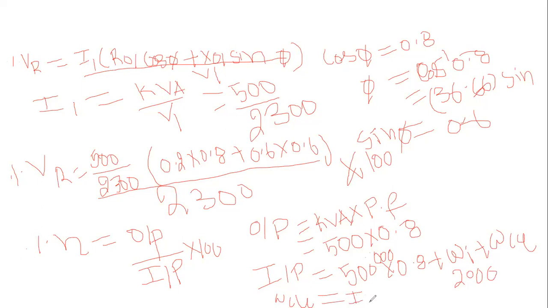What is I1 square? 500 by 2300 whole square, into R01. What is R01? That is 0.2. Therefore we obtain the input. Then we substitute output by input into 100.